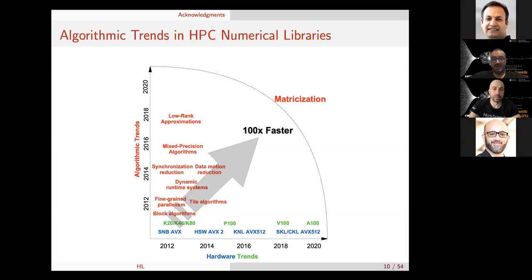So it just comes for free. By taking that algorithm trend where we matricize our problem as much as possible, I think we are hopefully on the right side of history.